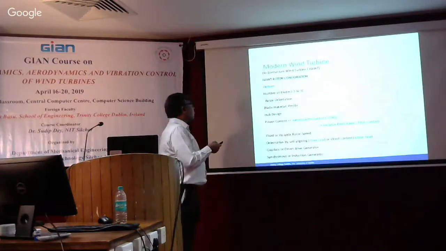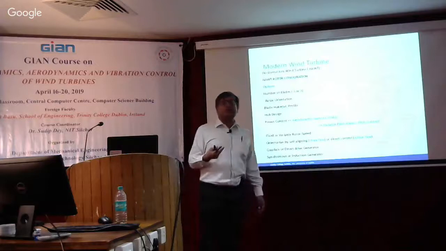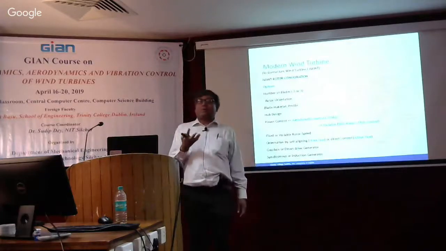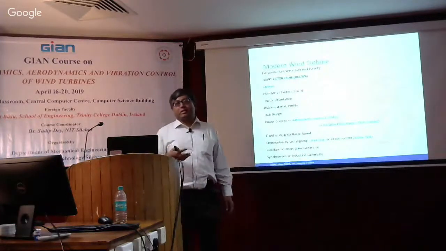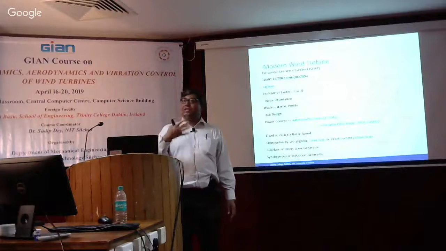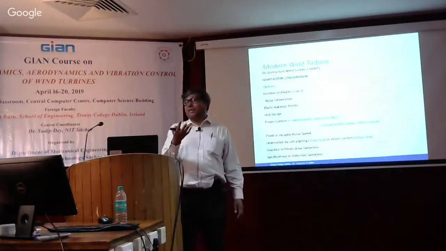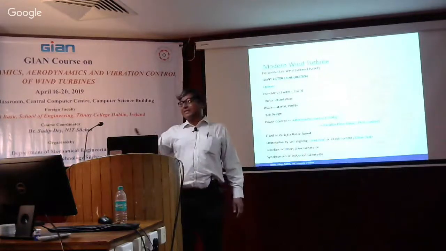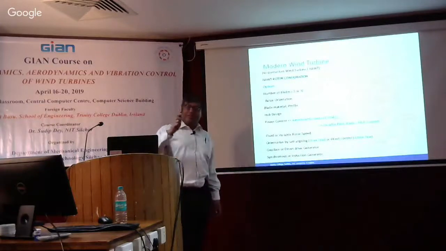And beyond 3, the total mass at the top of the tower increases, so your design cost increases, but the efficiency in terms of power that we get is not that much. We'll see that later. That's why 3 is optimal.